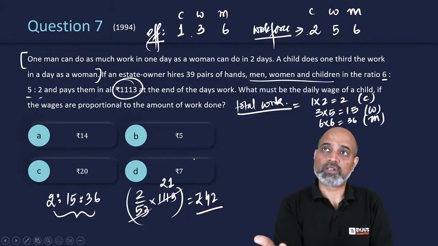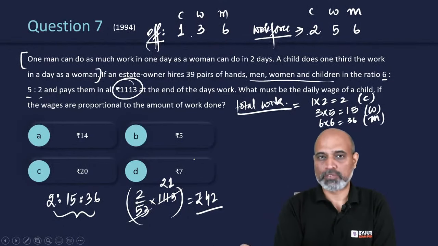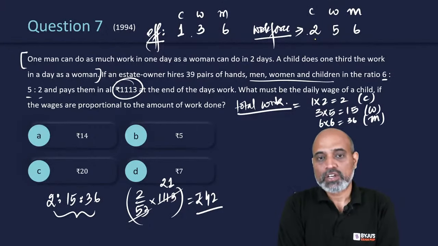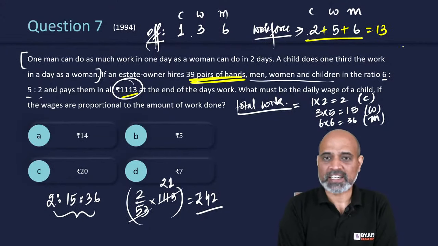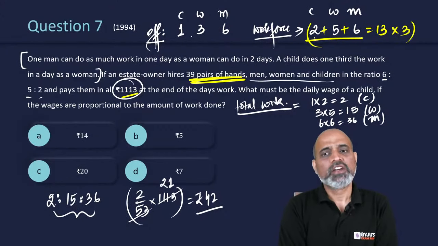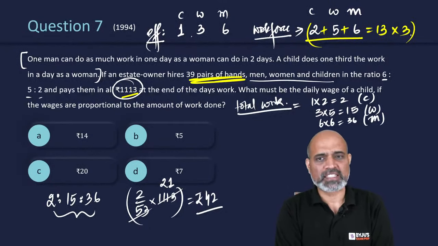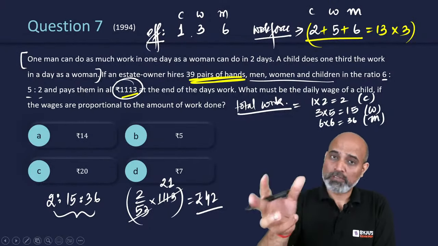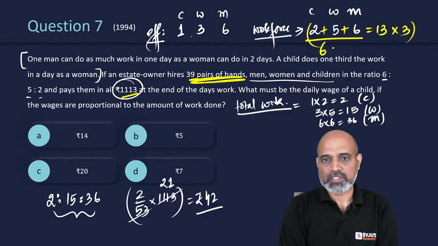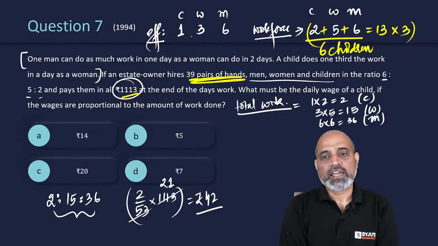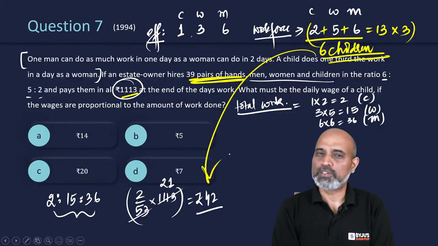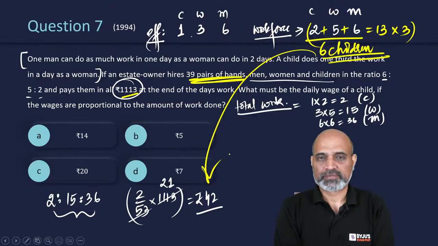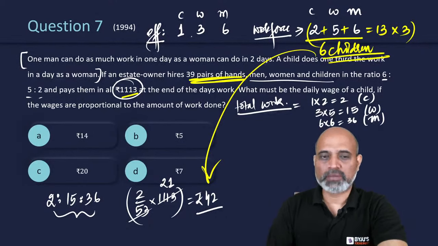Of course, we have to make sure that the number of children we have is accordingly. So workforce कितना है अपने पास? 7 plus 6, 13. But how much workforce are they talking about? 39. So can I say 3 times? Actually, there are 6 children, there are 15 women, and there are 18 men. ठीक है? So whatever we will get, we can say here, no, 6 children are actually working. If 6 children are working and they are paid 42 rupees, how much money is paid to every child, single child? हर बच्चे को कितना मिलता होगा?